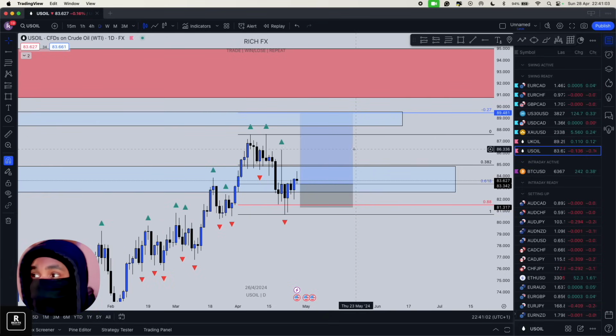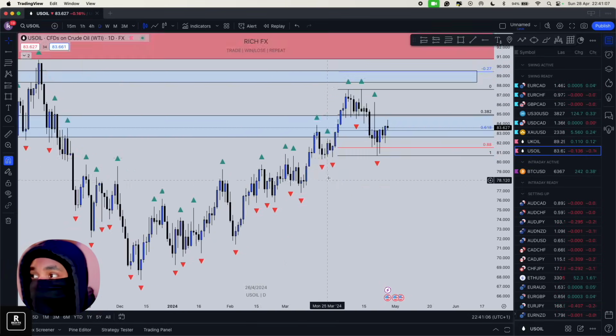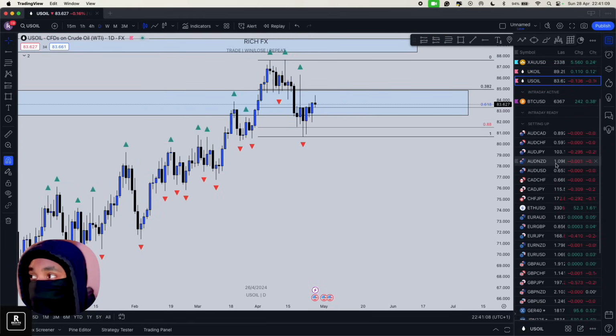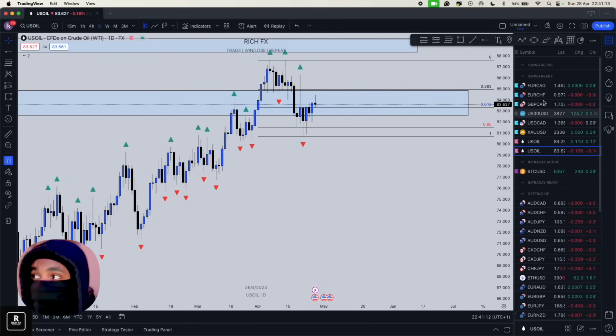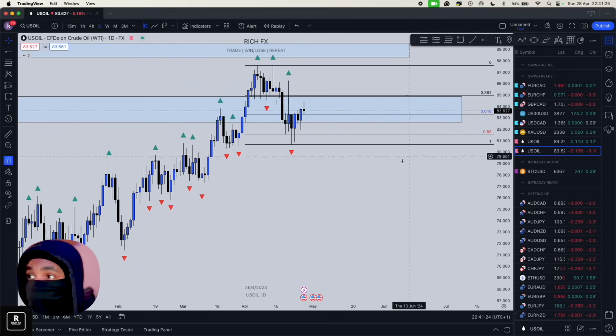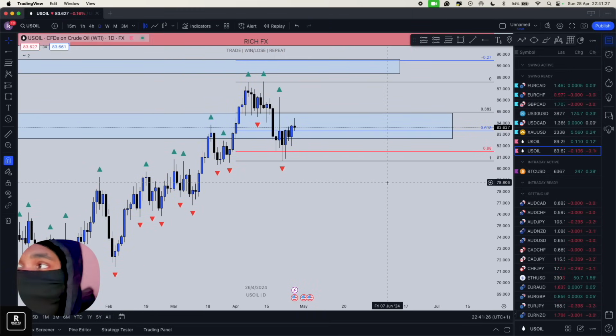So those are the pairs I'm looking at for this week, for this upcoming week. Pretty straightforward and simple. Of course, we've got all these other pairs that haven't set up just yet, which may give us a setup, and these ones that we've marked up just now may fail at some point potentially. But we will never know in that sense. So what we're gonna do is we're just gonna wait and see, and we're gonna take any setup that gives us our entry signal.